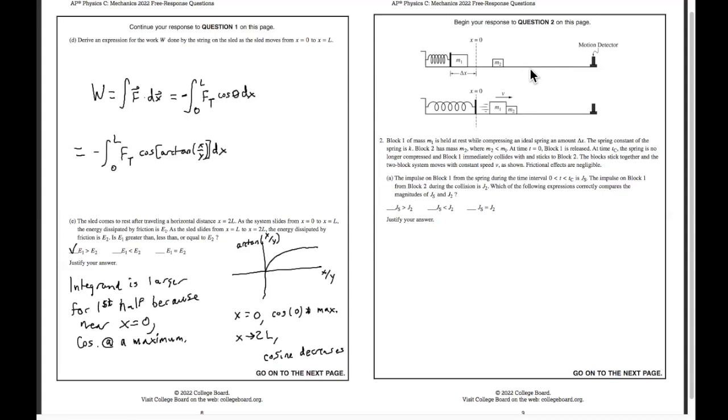Set number one was just asking us the impulse from one block on the next one. Here, we're asked about the impulse on block one by both of the different objects.